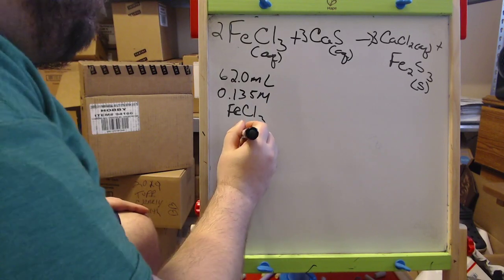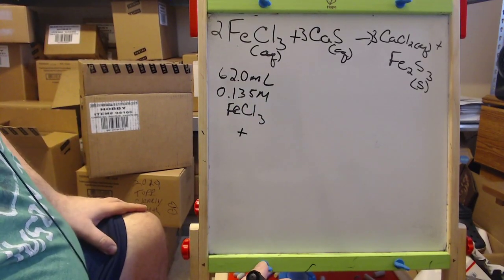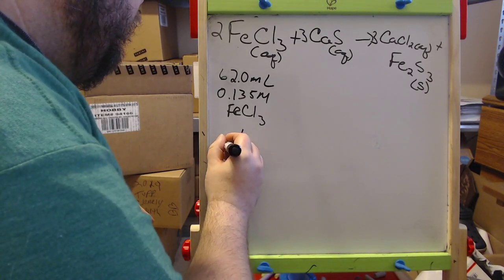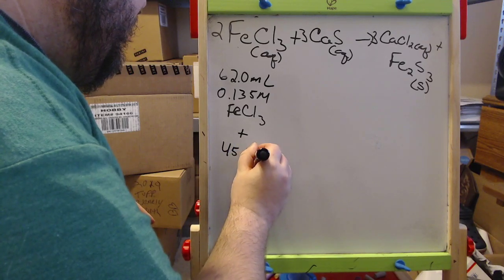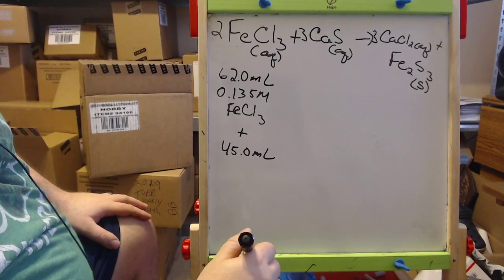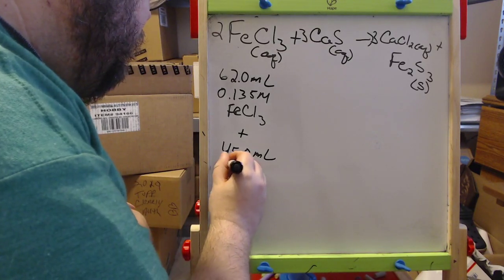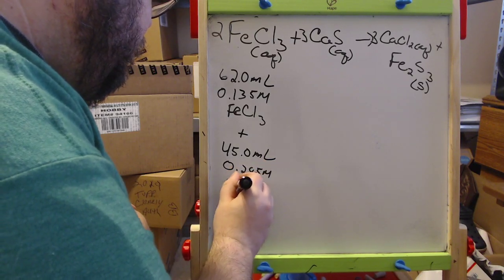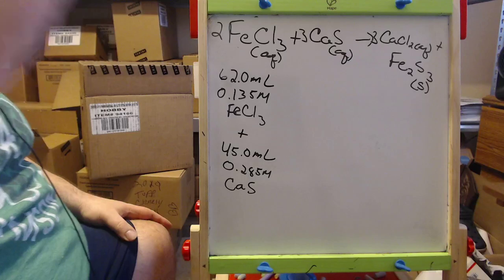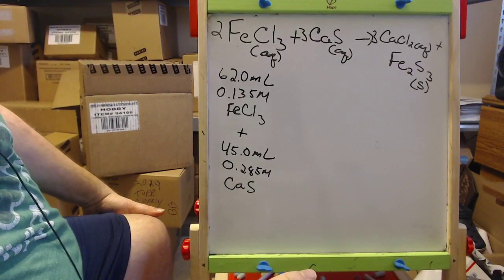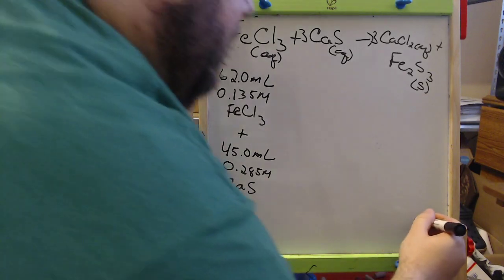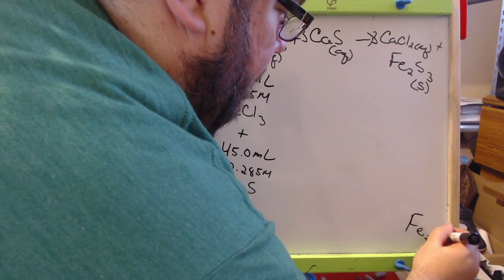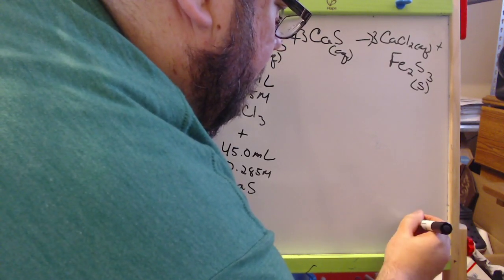We're adding it to 45 mL of 0.285 molar calcium sulfide. And the question they want to know is how many grams of iron 3 sulfide will we get out. So they want to know these grams.